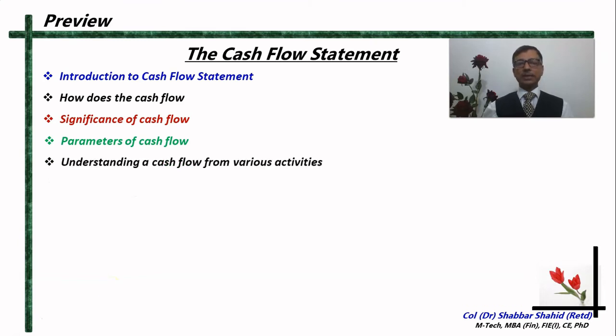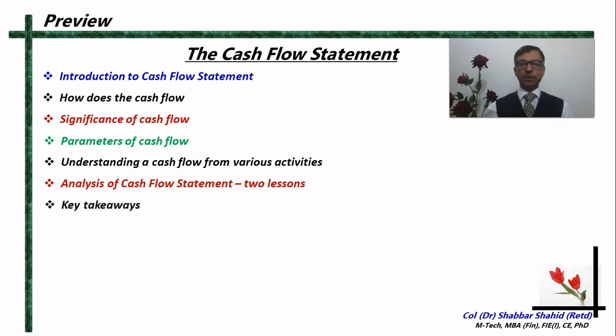Then we shall try to understand the cash flow from various activities like the operational activities, the financial activities, and the investment activities. After that, we will analyze the cash flow statement of the same company of which we have discussed the balance sheet and the profit and loss statement. Cash flow statement being a very important subject, we shall discuss it over 2 lessons. And then we shall look into some key takeaways of the cash flow statement.